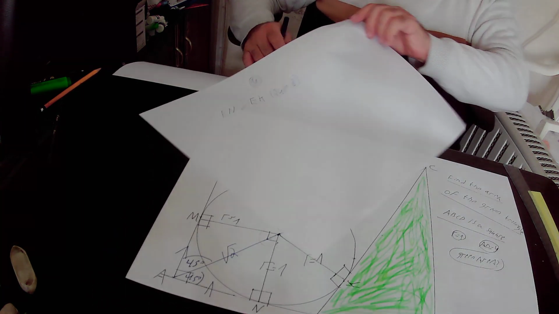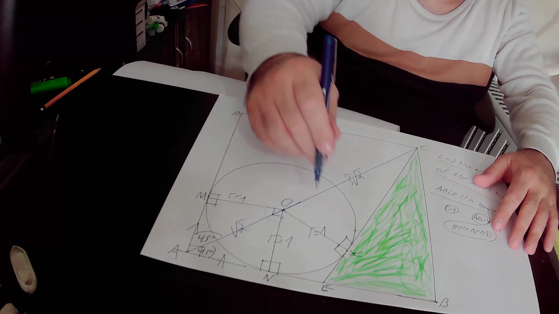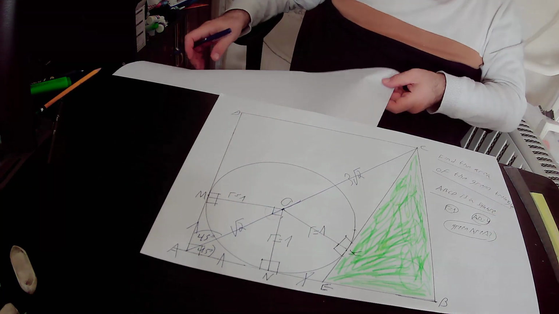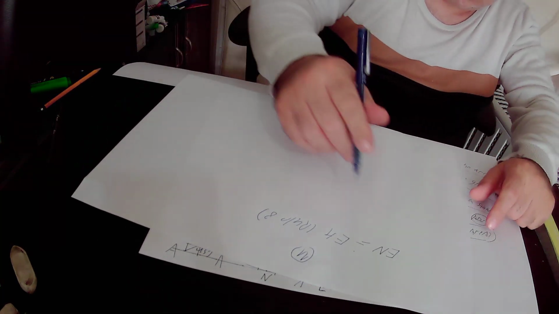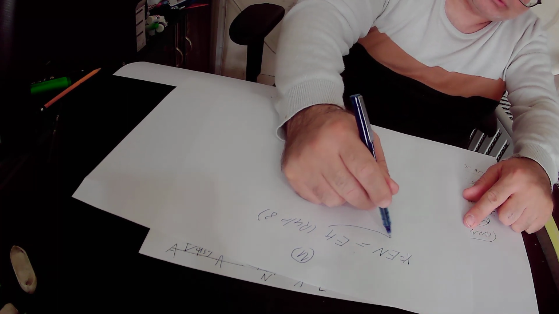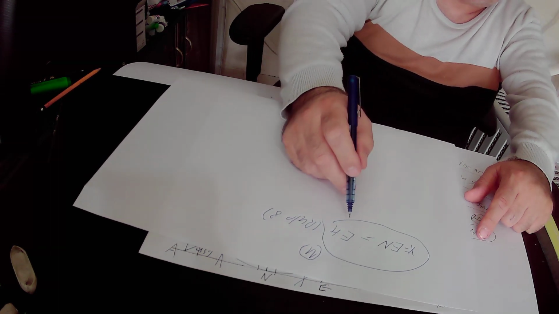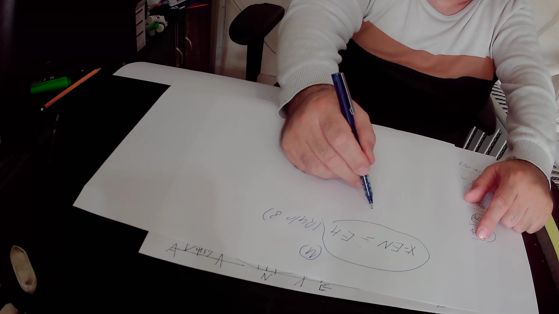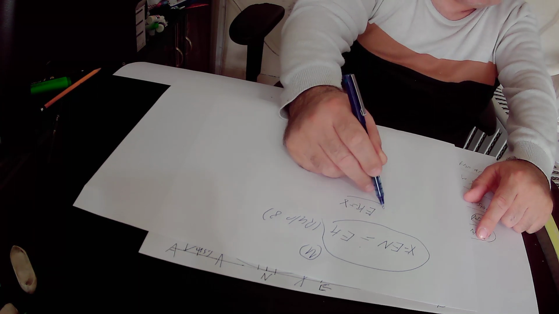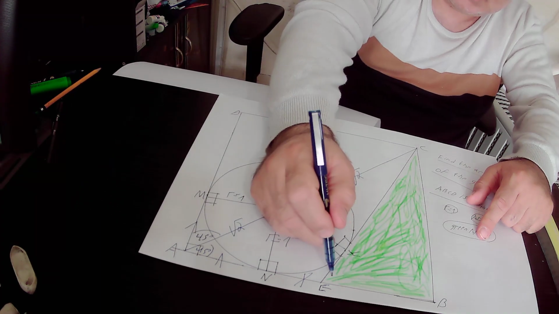So we will define EN as x, that is to say EN equals x according to our definition. So if EN equals x, then we get that EN equals x equals EK. We can derive from this equality that EK also equals x.